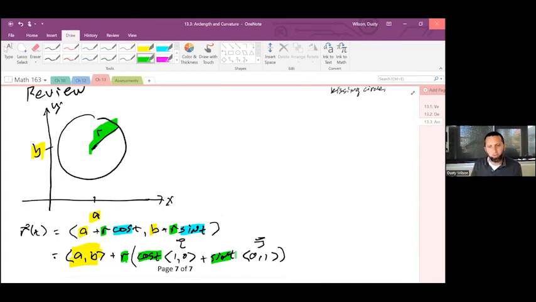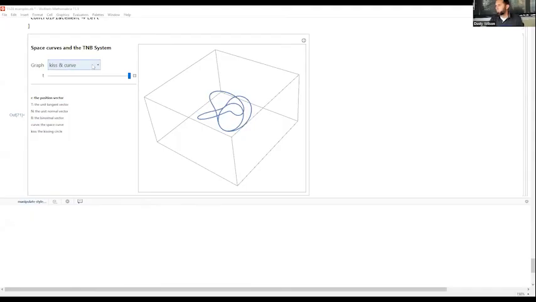Actually, before we get to our kissing circle, let's go look at an animation and try to understand again what's going on with that kissing circle. All right, so here we are back with our trefoil knot, trying to understand the kissing circle. Maybe this is a good spot.